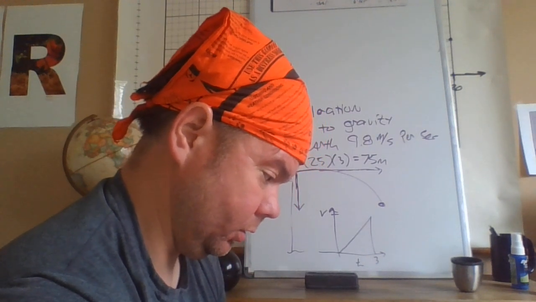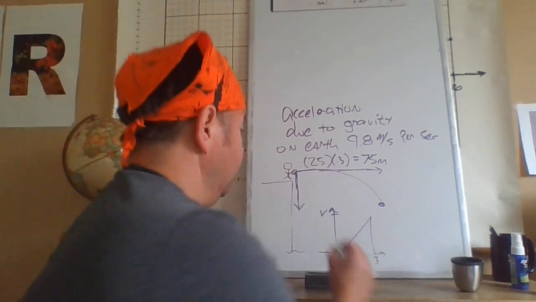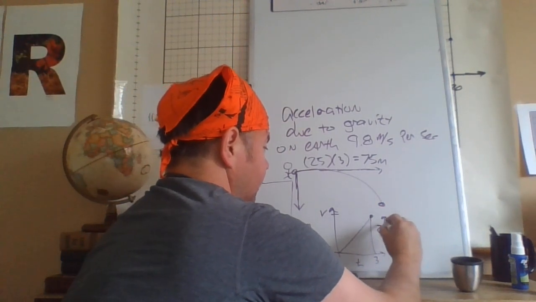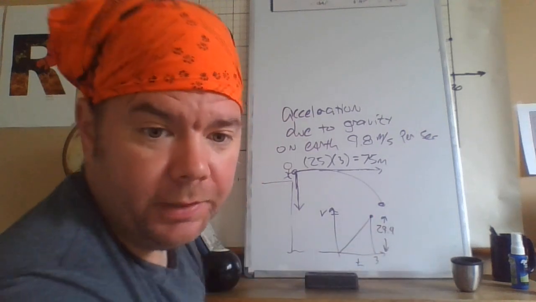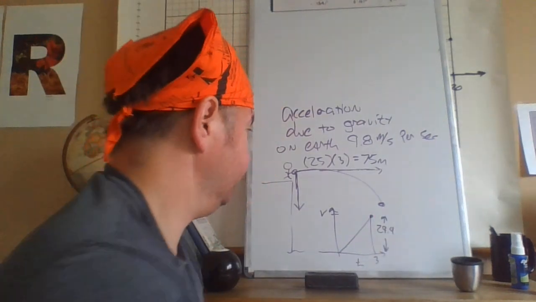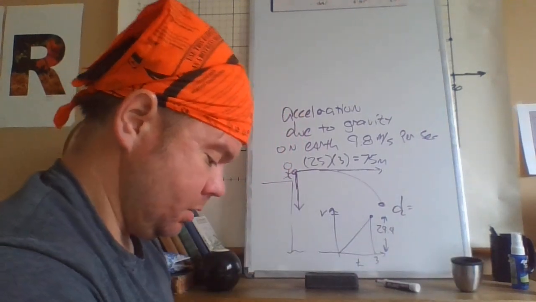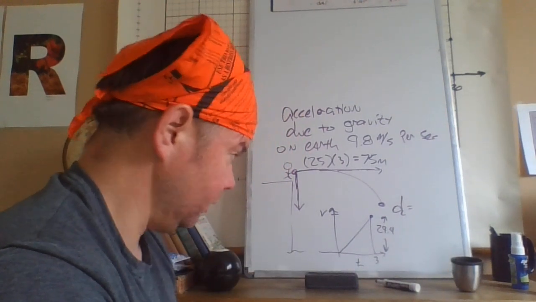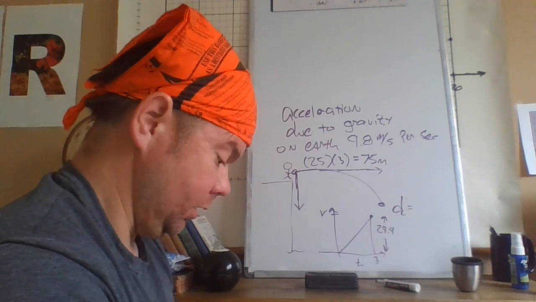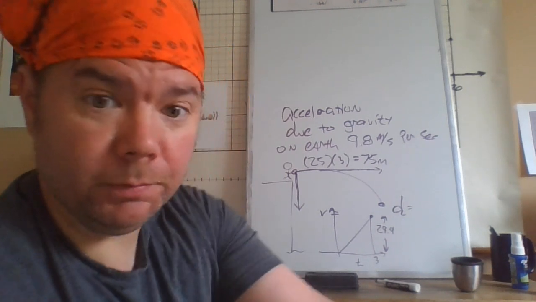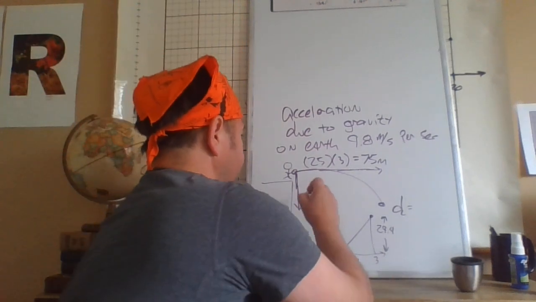So this right here is 29.4. The distance traveled is the area of that triangle. So distance equals 0.5 times 3 times 29.4, boom, 44.1 meters. So this is 44.1.